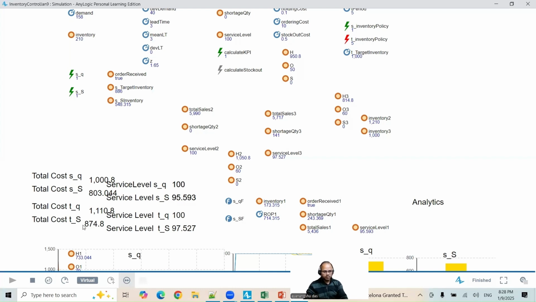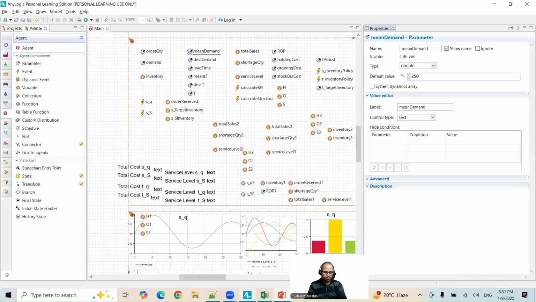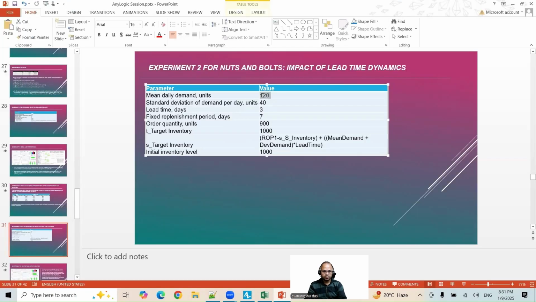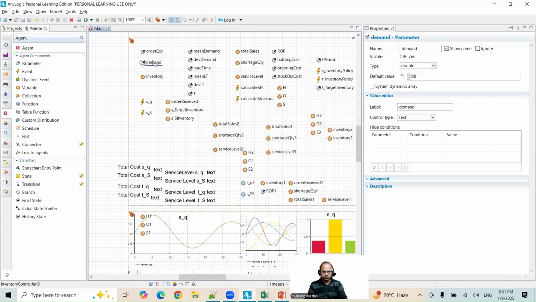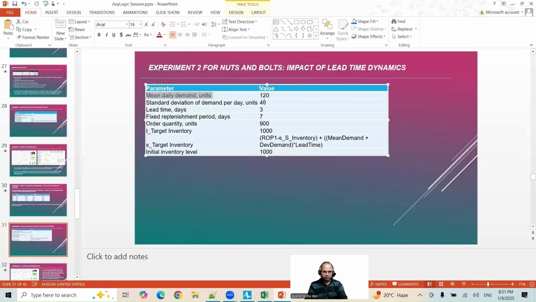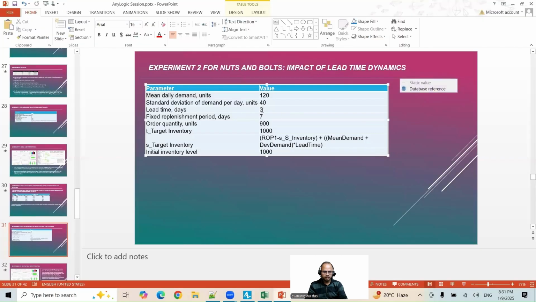So this is one case. Now we will have another product whose demand has the following characteristics, where the mean daily demand is 120 units and the standard deviation is 40 units, and then the lead time is 3.